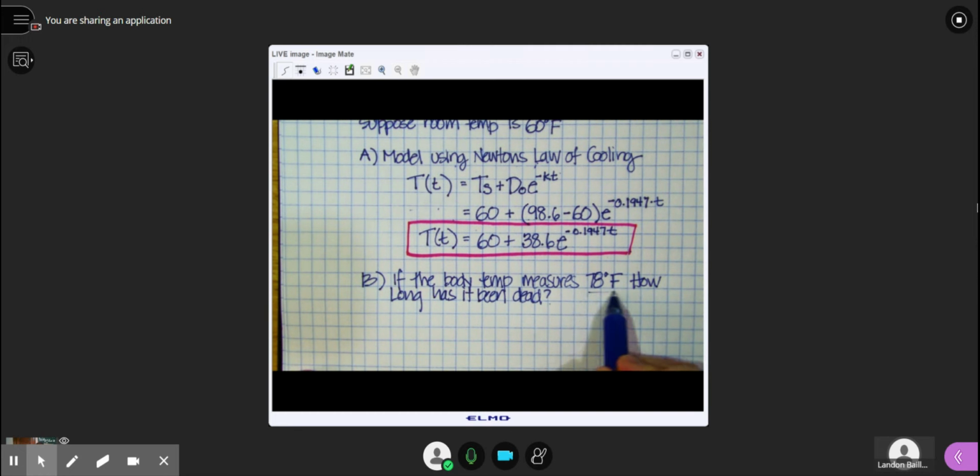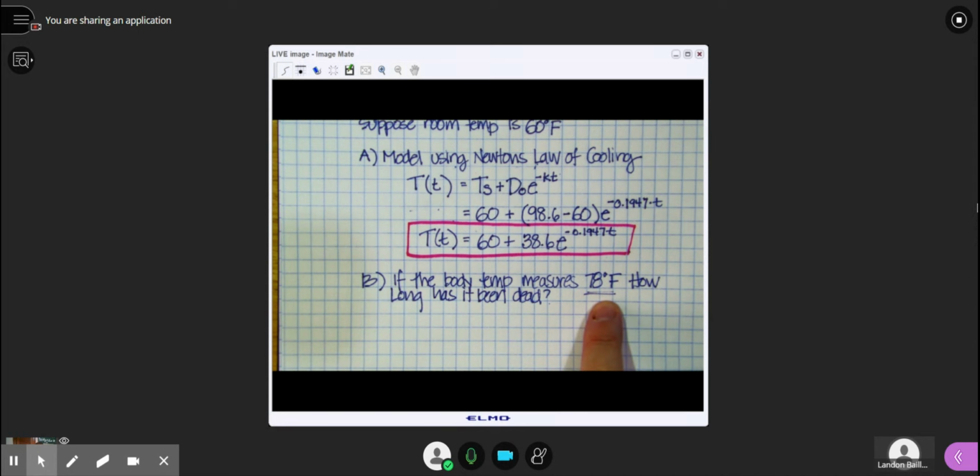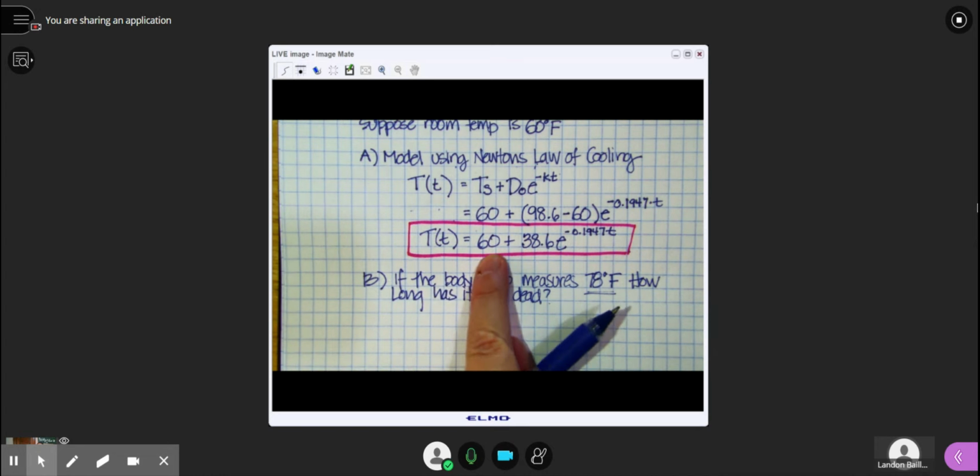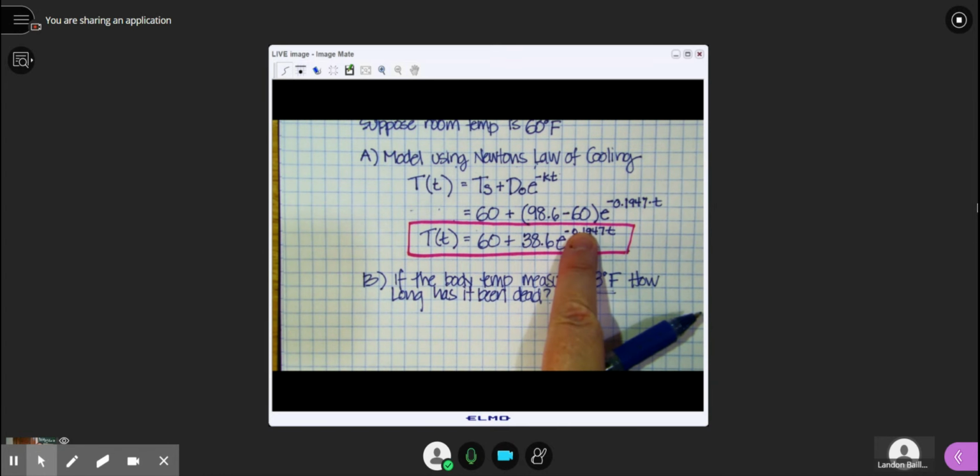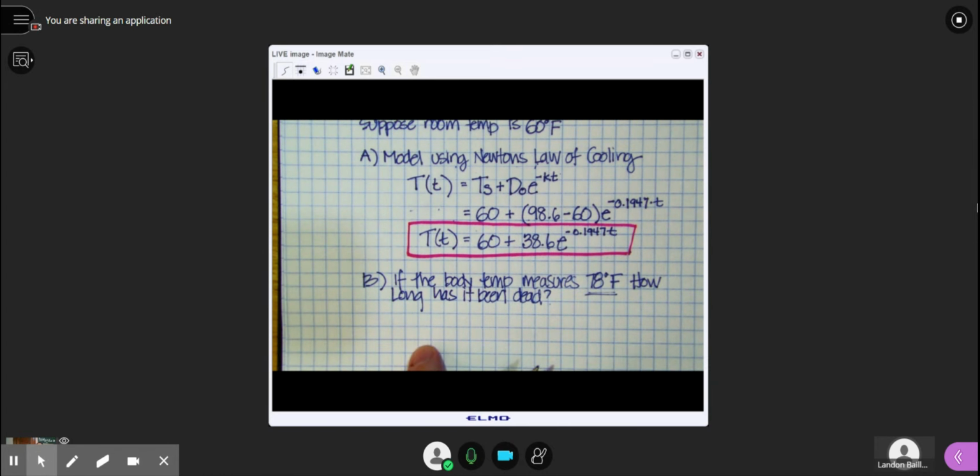So what is 78 degrees in this case? Keep in mind, you've got this one. Yep, so this 78 degrees Fahrenheit is our T of t.